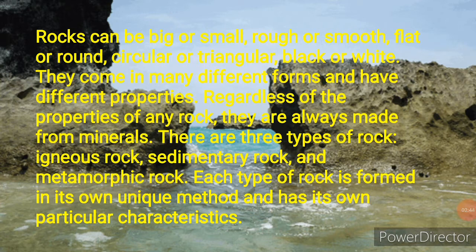Now take a look at this. Rocks that I'm talking about can be big, like a mountain, and then sometimes can be small, like the sand you are standing on. It can be rough or it can be smooth. Sometimes the rocks are round, while some are circular or triangular.